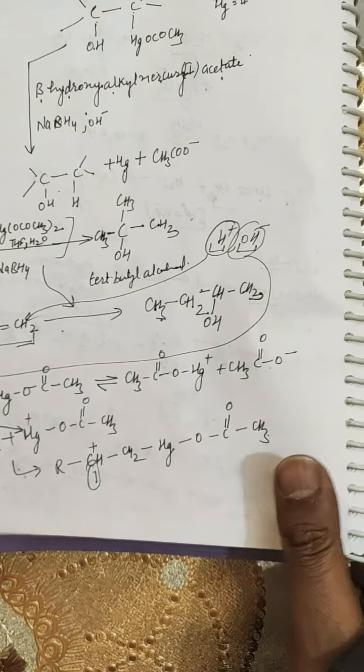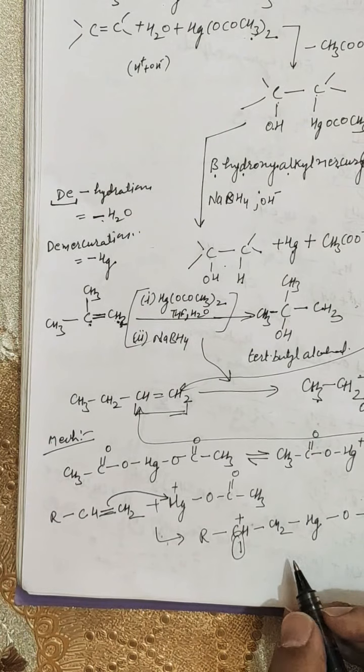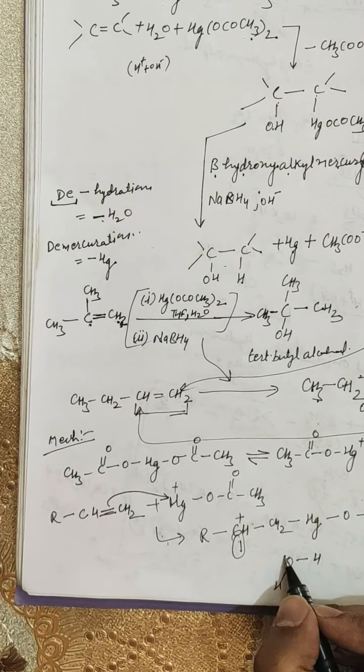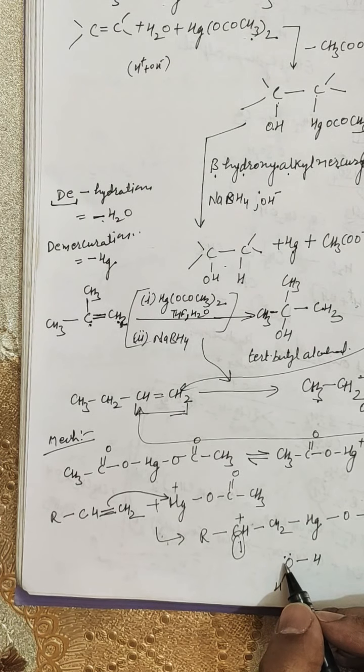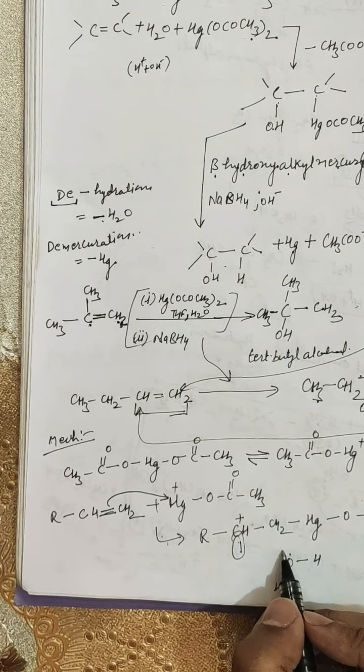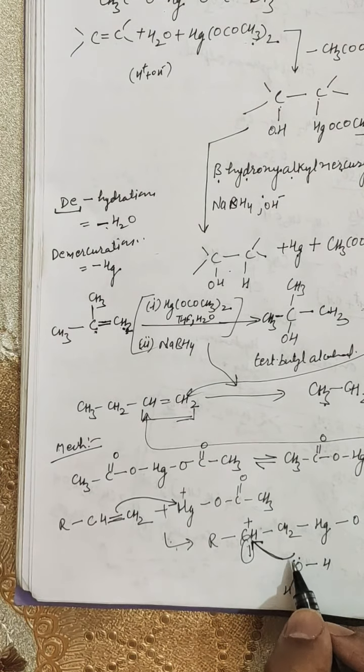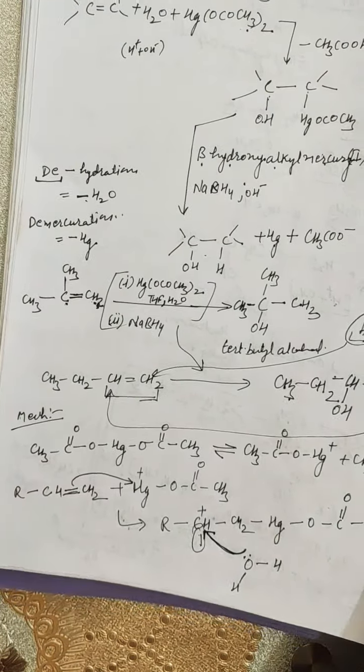I will write here on the next page. Water will attack. Let me show you first of all that water is like this. This is H2O and water has an electron rich oxygen. It will attack this carbon, the electron deficient carbocation at this position, and further there will be the formation of the oxonium ion.